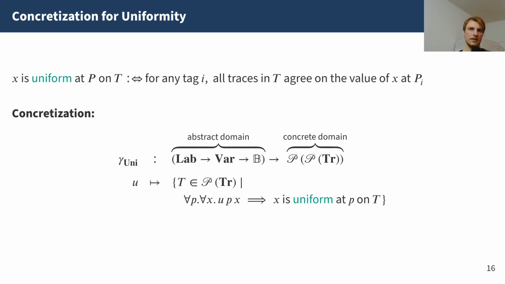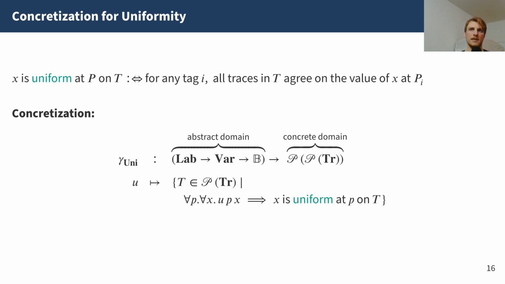The concretization takes an abstract predicate U and returns the set that contains all the sets of traces T such that if for some program point P and some variable x, the predicate U of Px holds, then x is uniform at program point P on trace set T.